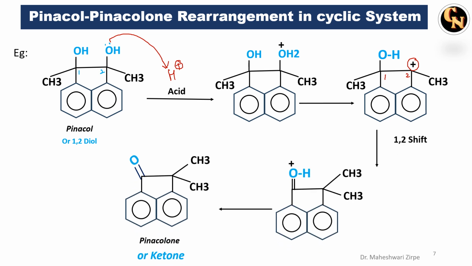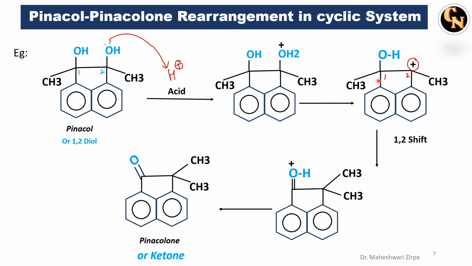Next is the 1,2 shift. Now rearrangement will take place. Here, as this ring system is a closed and complex system, the ring will not break from here. I'll show with the highlighter.